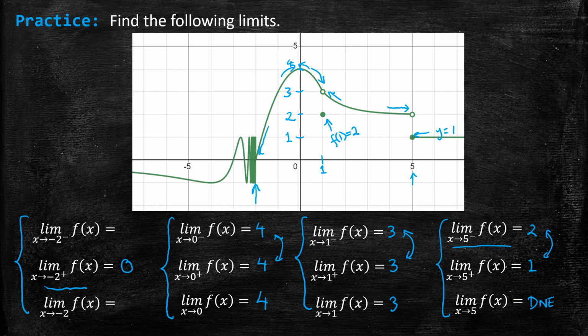You might think that you're sort of honing in on 0 from the left as well, but if you realize that this is an oscillating curve that just keeps oscillating between the values of y of -1 and 1, as x approaches -2 from the left and gets really, really close, you have no idea whether your y value is going to be 1, -1, or anything in between. So in fact, because of the oscillating motion, the limit from the left does not exist. And so for sure, the limit of the function does not exist at x equals -2.